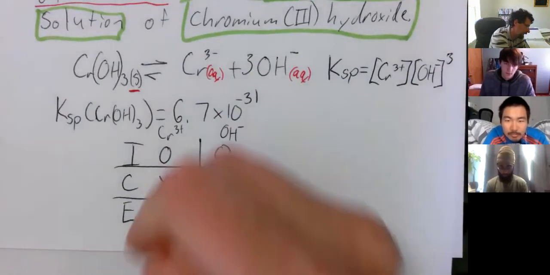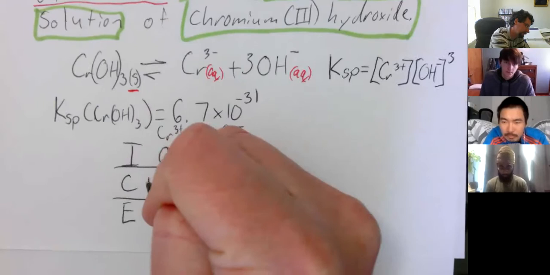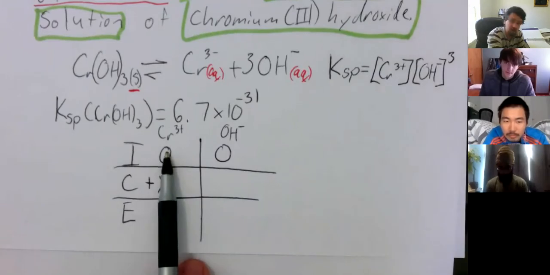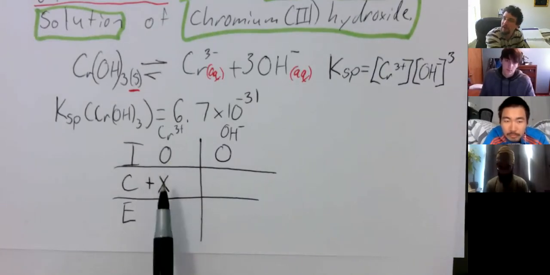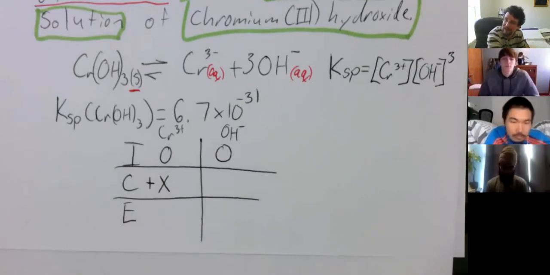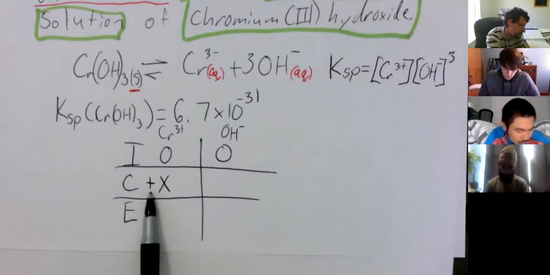Positive. Can anyone give me a reason why? It's a product. Well, and we're starting with 0 of this, right? We can't get to a negative concentration mathematically or physically. So the change is plus X here.